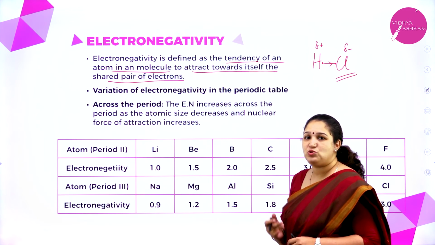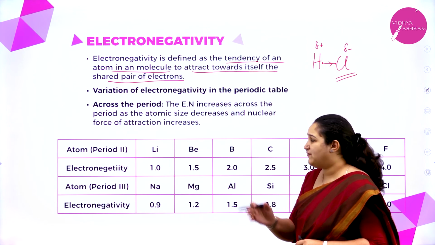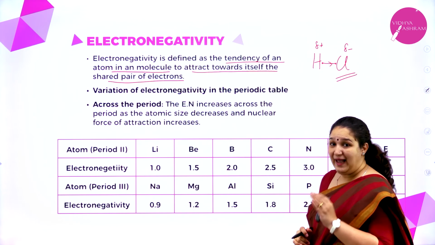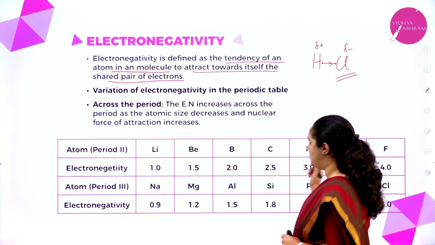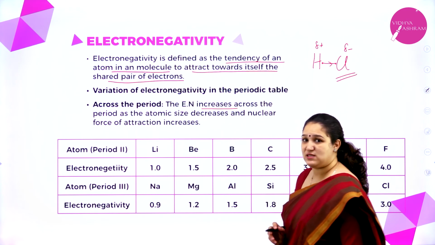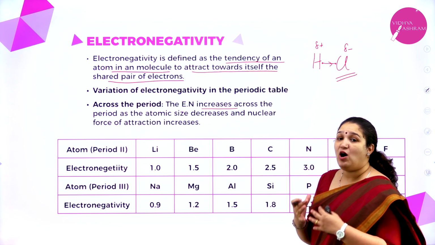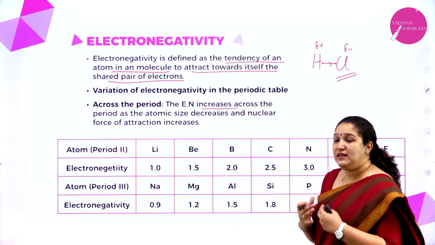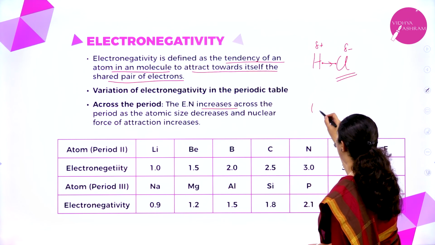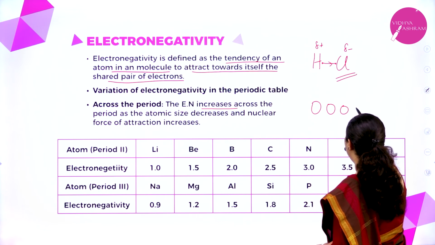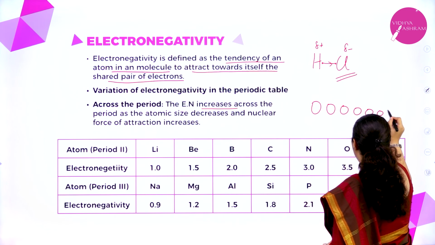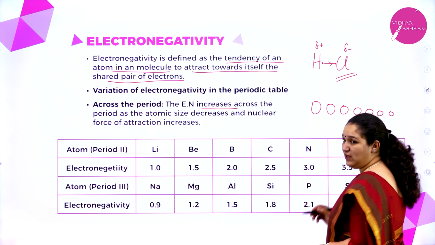Now what happens to the electronegativity as we move along the period? Along the period or across the period, electronegativity increases. Why exactly it increases? That is because of the atomic size. The atomic size along the period is going on decreasing, isn't it? It will reduce as we move along the period.